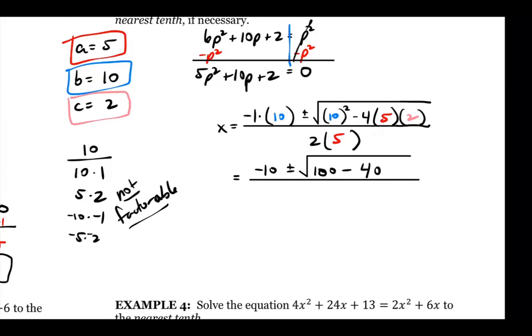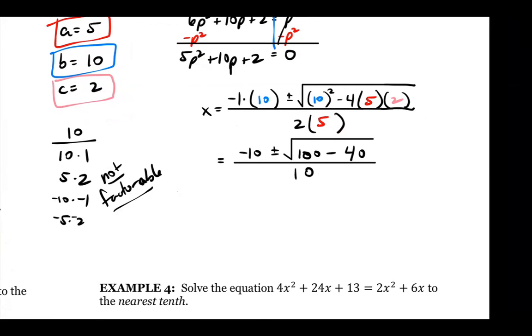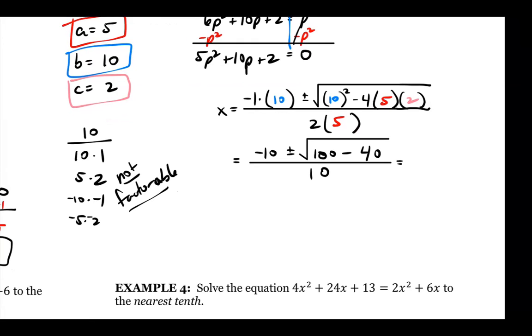And then on the bottom, 2 times 5 is 10. Okay. So -10 plus or minus the square root of 60. So that's 100 minus 40, divided by 10.